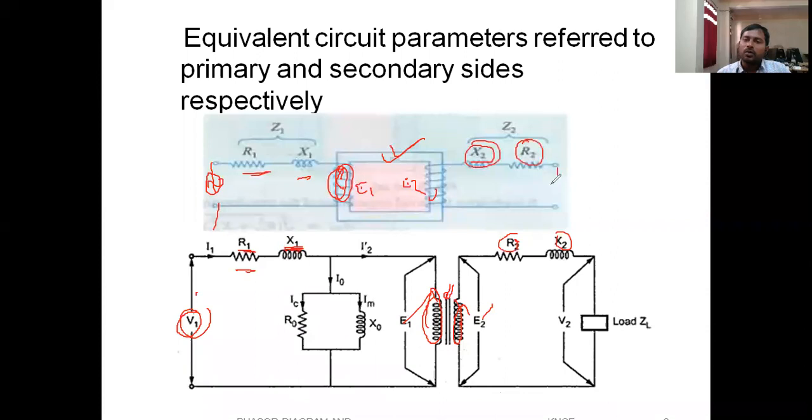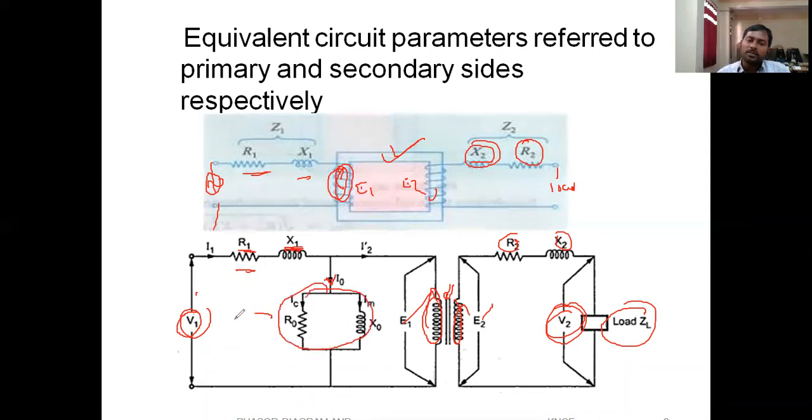If we connect the load at the secondary, the voltage across it is V2. And here I naught, nothing but this shunt branch.